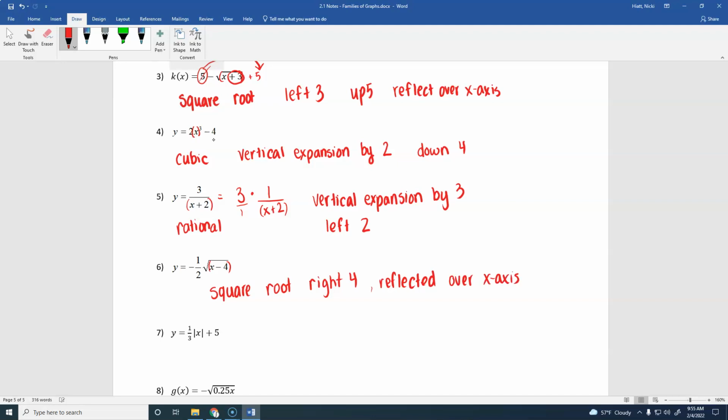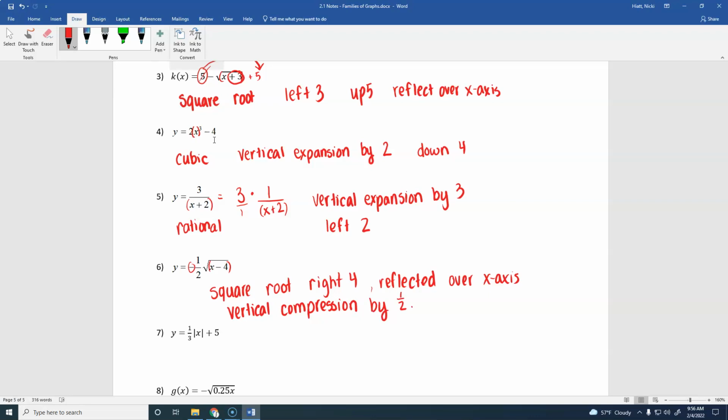That is our negative that we're looking at right there. Vertical compression by a factor of 1/2, just the number that's there.